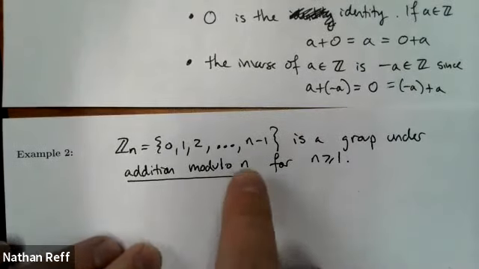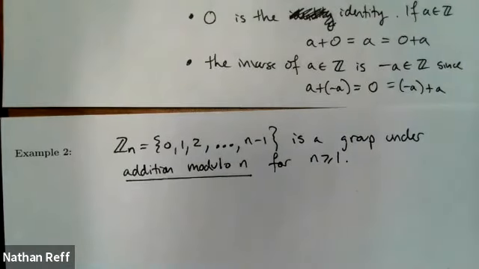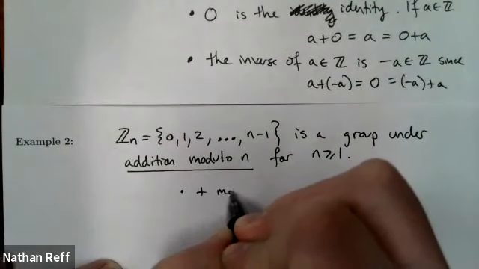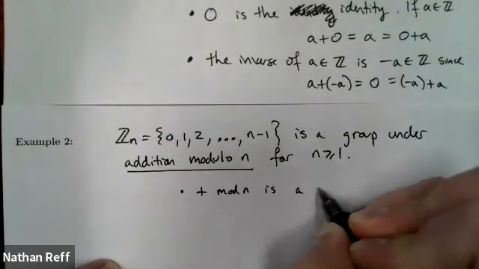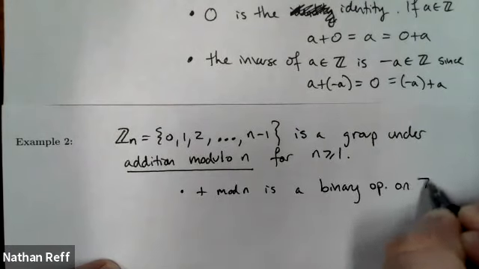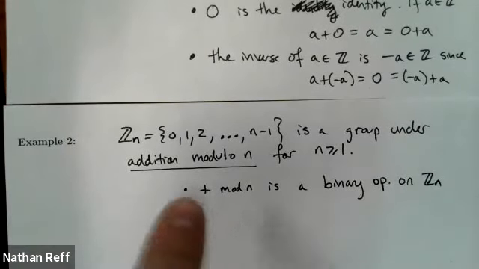Right? We just mentioned on the previous page that this definitely is a binary operation, right? So addition mod n is a binary operation on Zn. In other words, Zn is closed. That's another way to say it, under addition modulo n.